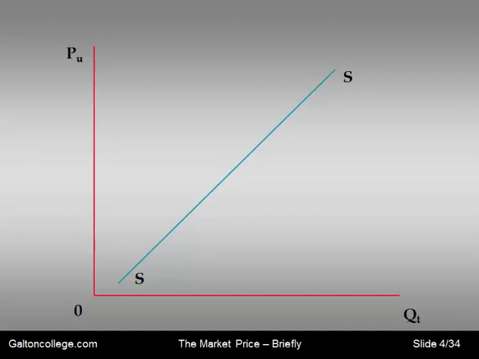In fact, it's the horizontal summation of the marginal cost curves for companies operating under perfect competition. It's not something we're going to get involved in, but purists will want to know if there is a link between the market and the theory of the firm and the supply curve. Well, there is one. It's a little tenuous, but it's there.